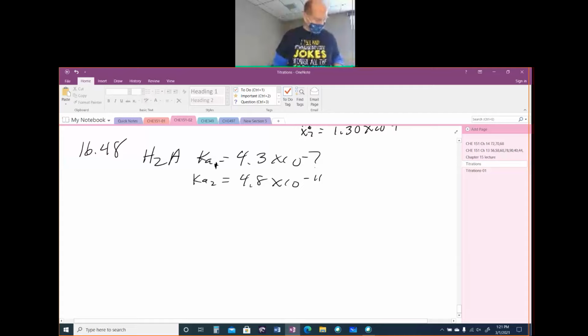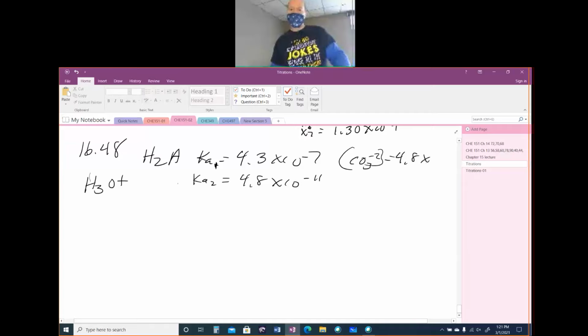All right, so calculate, okay, good. I was like, calculate the hydronium ion concentration. All right, so we want the H3O plus concentration again. Because it does say, and what is the concentration of CO3 minus 2? So I already know the concentration of CO3 minus 2. That is 4.8 times 10 to the minus 11 molar.